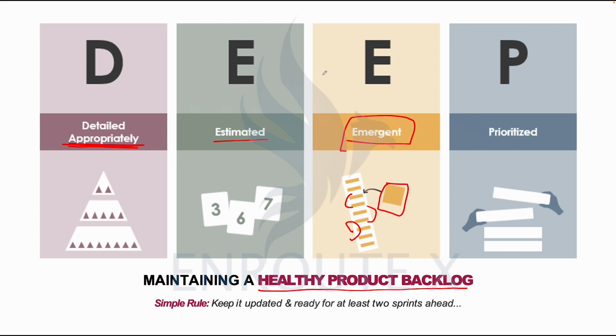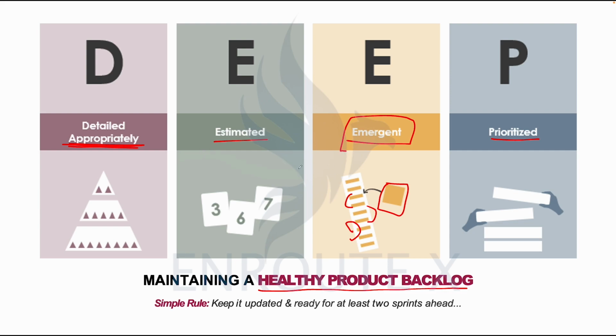Then the last one, which stands for P, we're talking about the DEEP criteria. The last one, which stands for prioritization, is the order in which features would be developed. So the product owner should have a clear understanding that we need to lay the formwork for the roofing structure before we begin to fix the roofing sheets on the formwork.